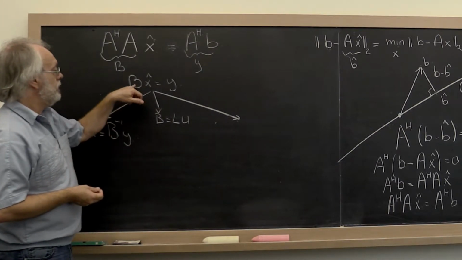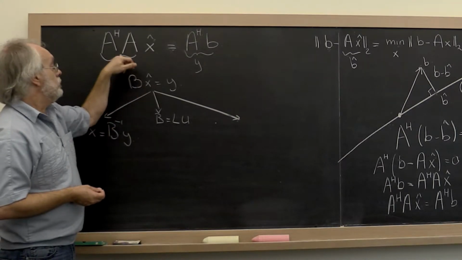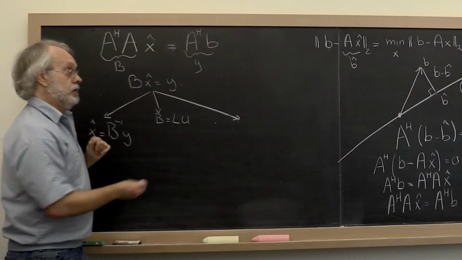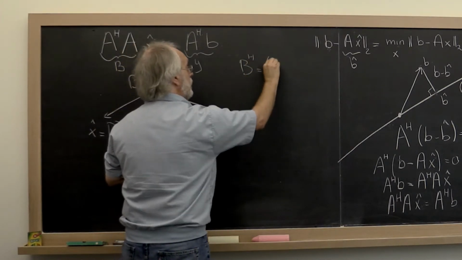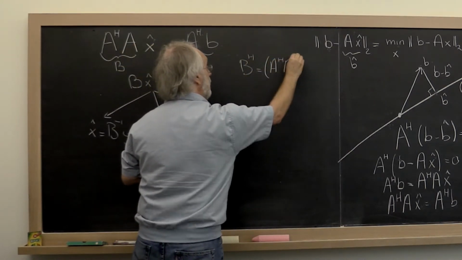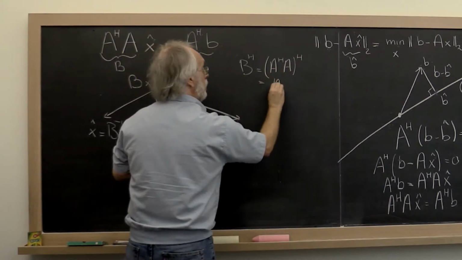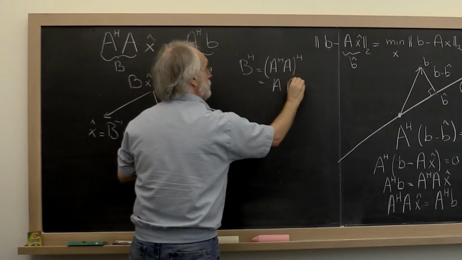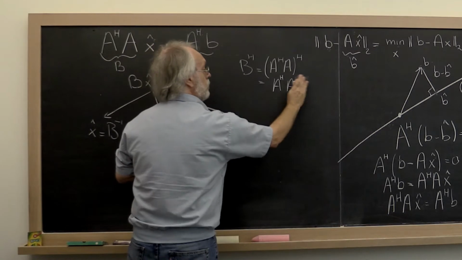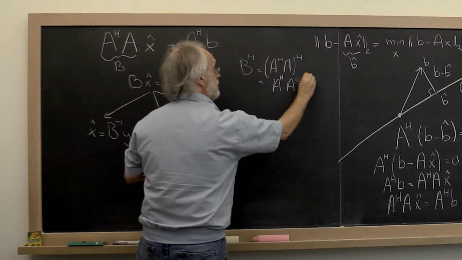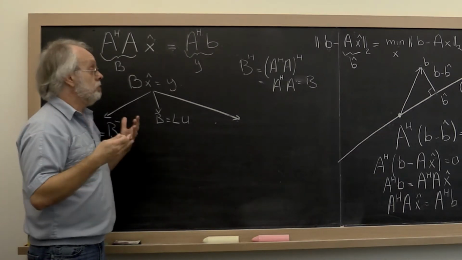And that is to observe that B is not only a square matrix, but it actually is also a Hermitian matrix. Okay? If you look at B Hermitian transpose, that is equal to A Hermitian transpose times A Hermitian transpose. You may remember that you flip the order of these two, and then you take the Hermitian transpose of each, but that of course is just A, and you notice that it is actually equal to B. So, it's Hermitian.